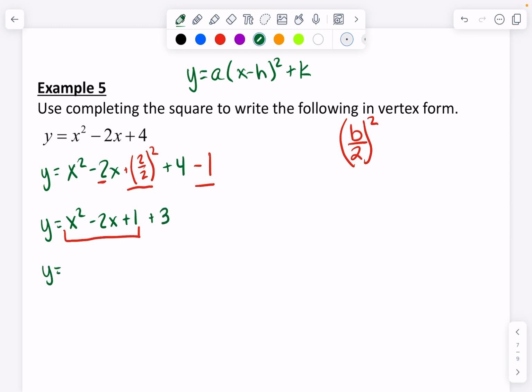That piece right there is going to factor. What I tell my students is you've rigged the problem. You've made it so this has to factor to (x minus 1) squared. So then just for fun, our vertex is 1, 3. Remember, opposite of what it looks like inside there.